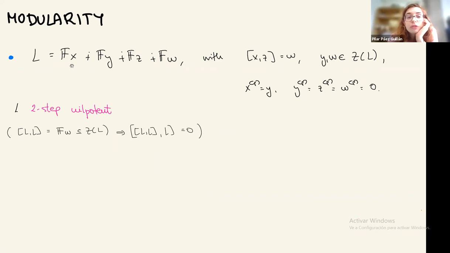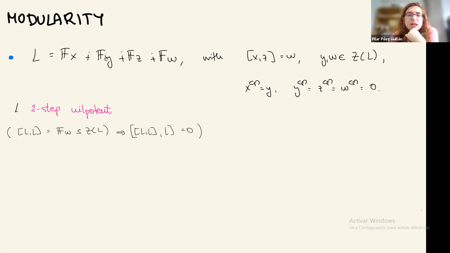Pick a four-dimensional restricted Lie algebra, with basis X, Y, Z, and W. I define Y to be the p-th power of X, so the P map on X is Y, and the P map on Y, Z, and W is 0.